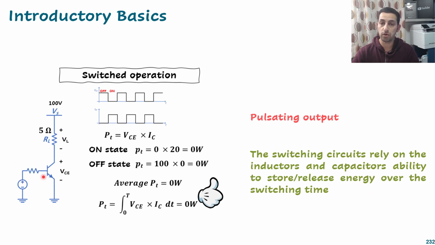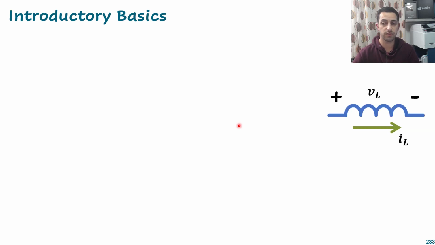So we have on and off here, but they rely on some capacitors and inductors to store the energy and prevent this off period of the voltage and current. And this is the start of DC to DC converters.